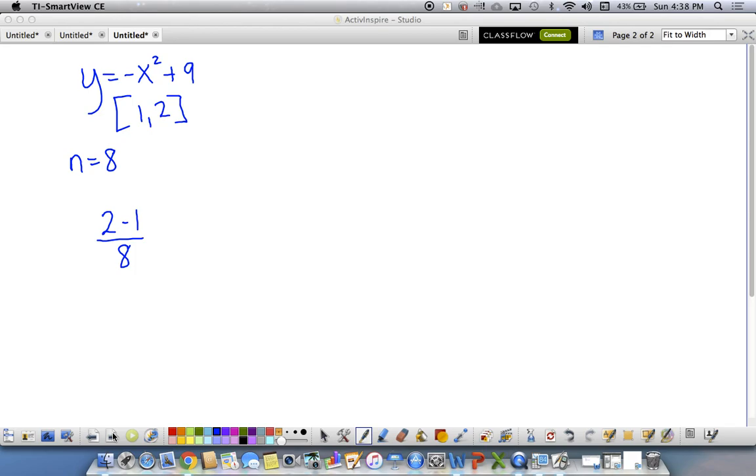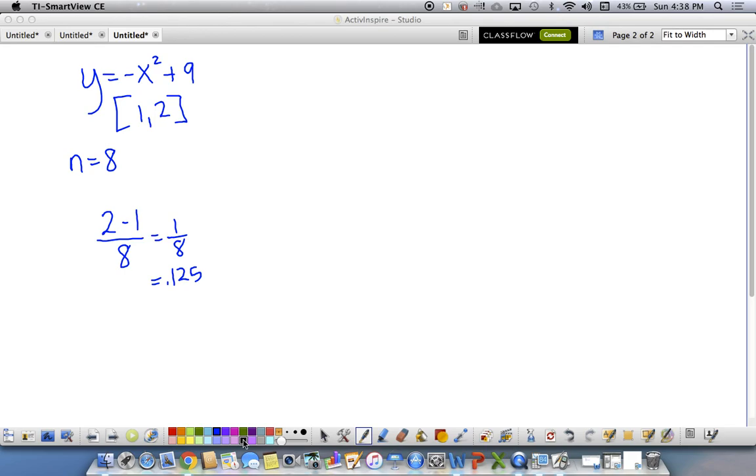Each rectangle will be how wide? Yeah, it's going to be 1/8, or, oh my goodness, 0.125. Okay, so, again, this time I'm not going to draw the actual graph.